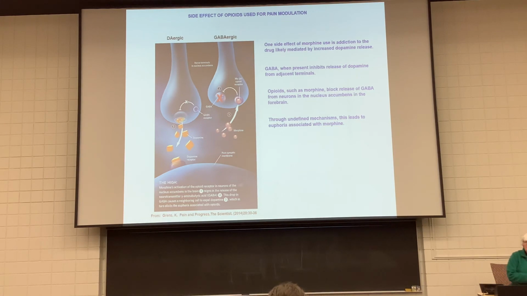And by mechanisms that are still not all that clear, especially if it gets released in areas of the brain like the nucleus accumbens, the ventral striatum area, it produces that feeling of euphoria, the pleasant feeling, and that is what causes, ultimately, the addiction.